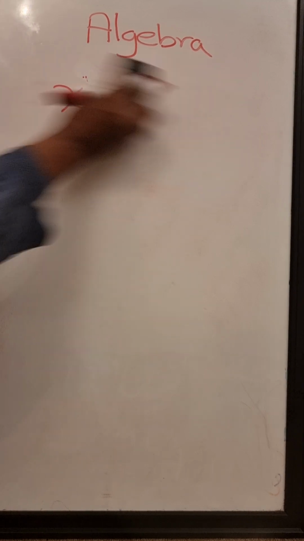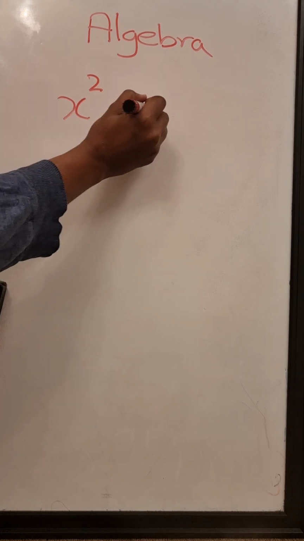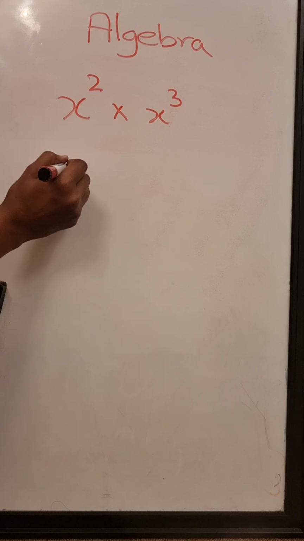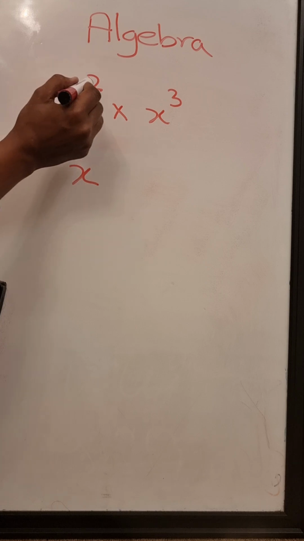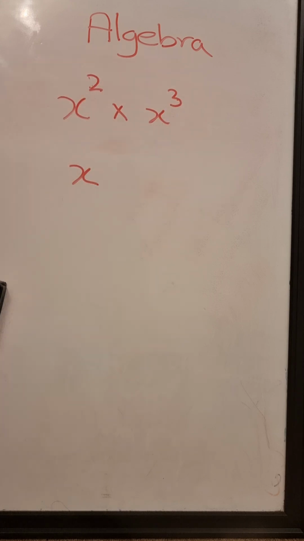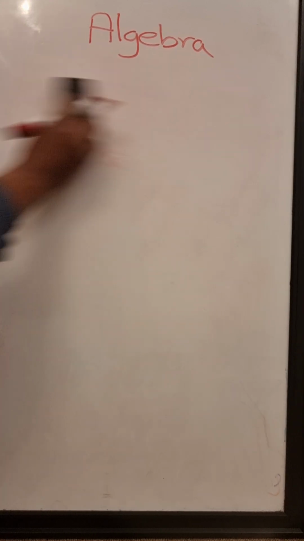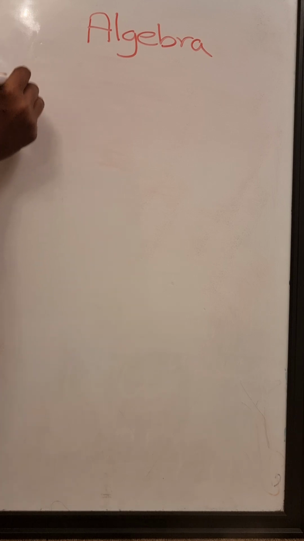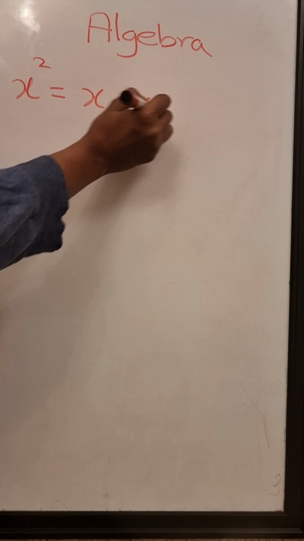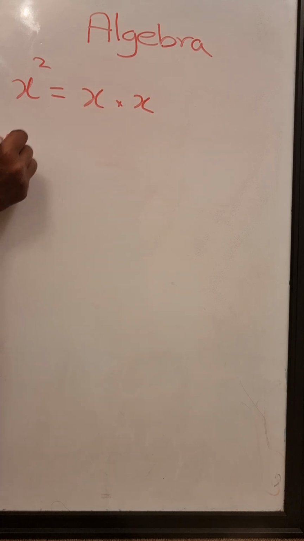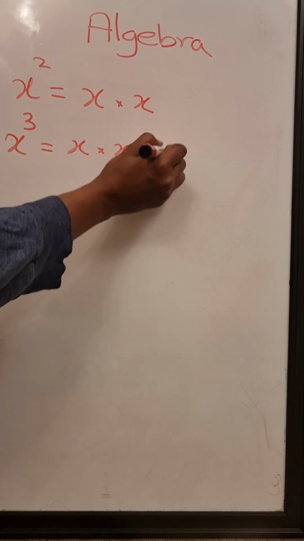If we have x squared times x cubed, we say x, and we add the powers. 2 plus 3 is 5. And if you don't remember that, x squared equals x times x, and x cubed equals x times x times x.